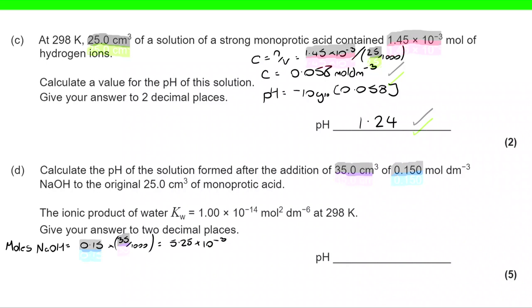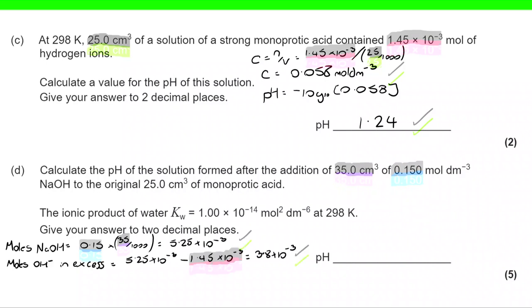And if you're ever given a concentration and volume of something, work out the moles, because you can guarantee there will be a mark for it somewhere, and it might just help you to see where the next step will be for you to take it forward. So that's how many moles of NaOH I've got, 5.25 by 10 to the minus 3.